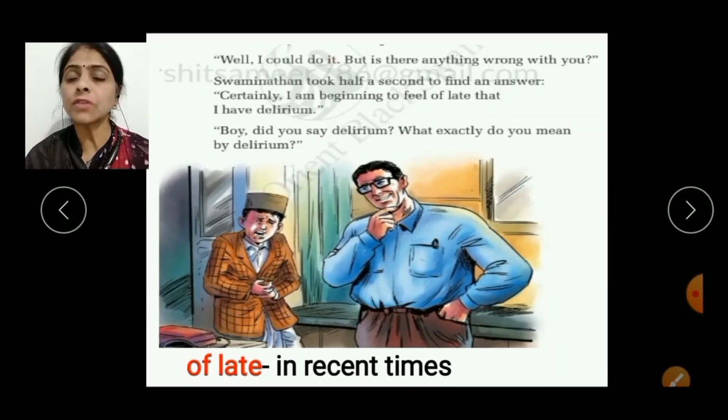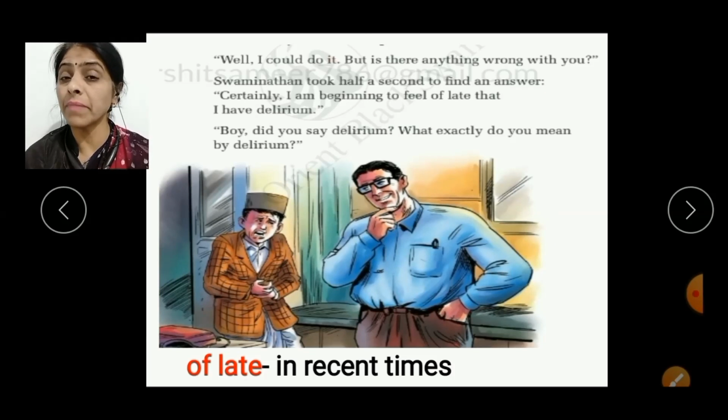Here, after knowing that Swami wanted the certificate for the practice only, Dr. Keswan told him that he could give a medical certificate to Swami. But for this, Swami should have some ailment or physical problem to be certified. Then Swami thought for half a second to find an answer.